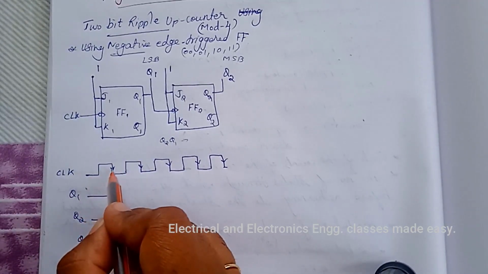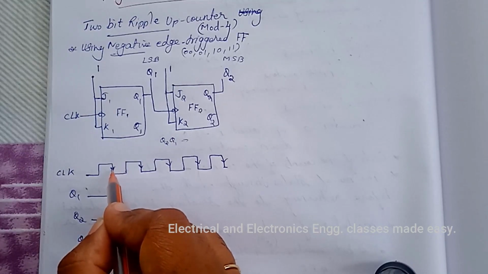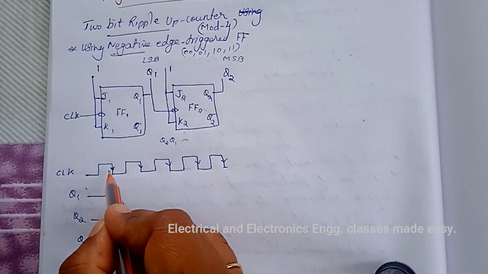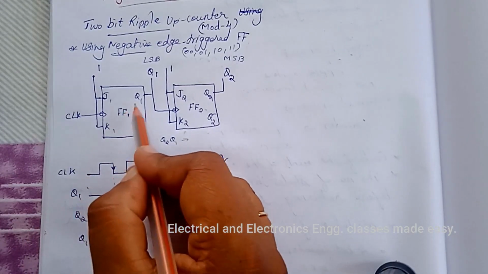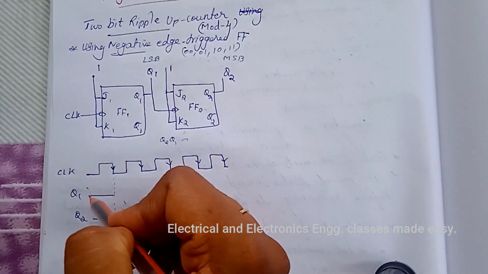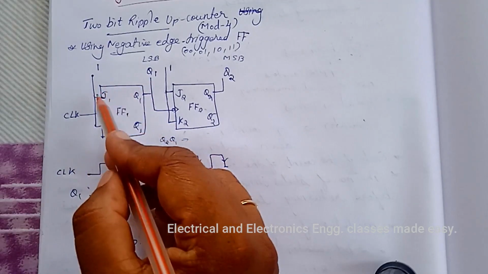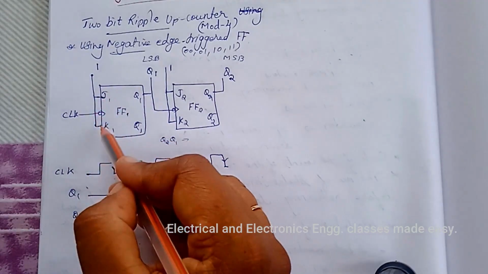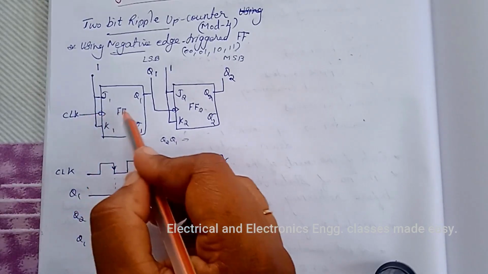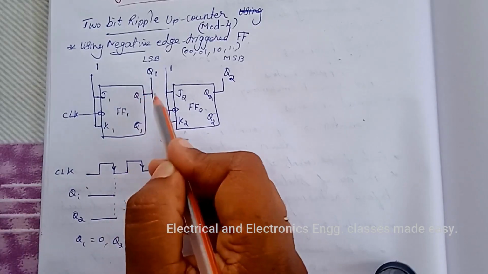After the first clock pulse, at the negative clock edge of the clock pulse, Q1 changes from low to high. J and K are both 1 and this flip-flop acts, that is Q1 toggles.